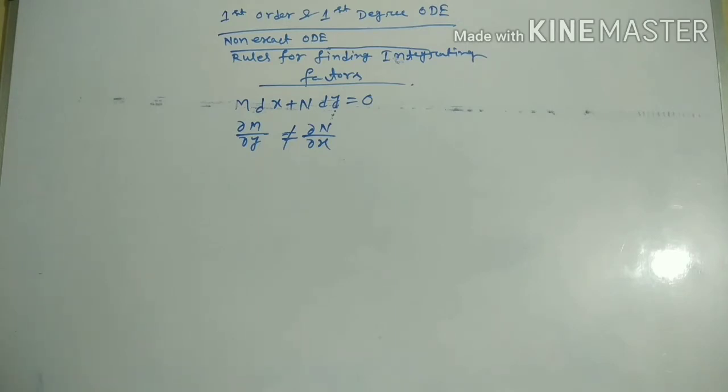What is the procedure of conversion? The rule is, if we multiply a non-exact ODE by a certain function, then that non-exact ODE is converted into an exact ODE, and that certain function is called the integrating factor.